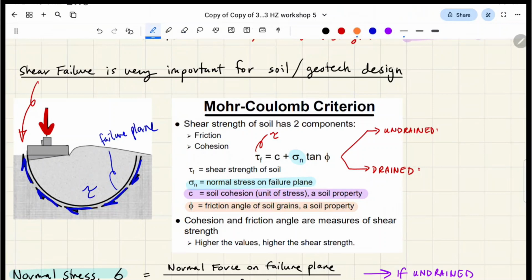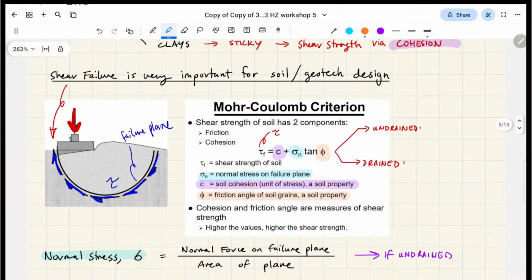C is our soil cohesion, and phi is the friction angle. C and phi are material properties for the soil, and they're going to be given in the question.